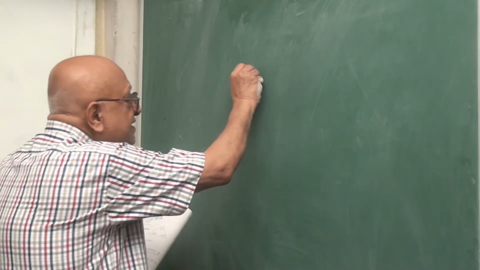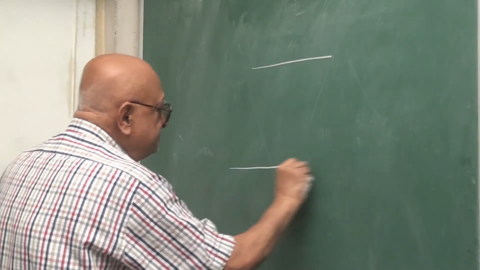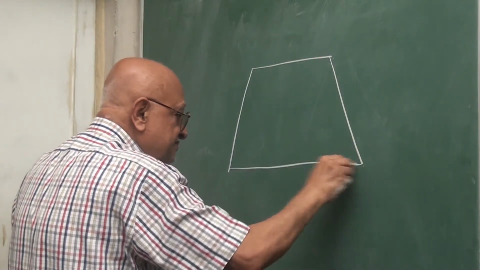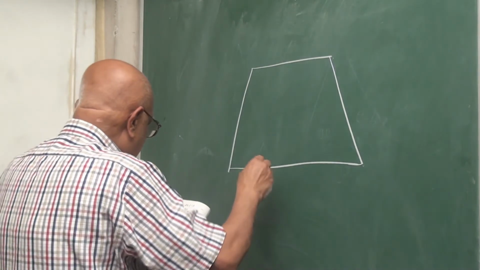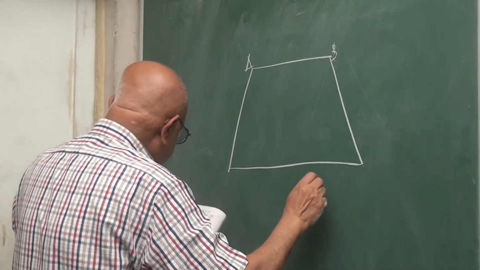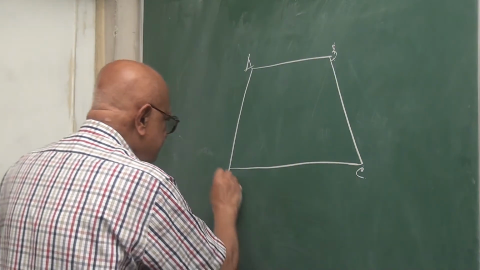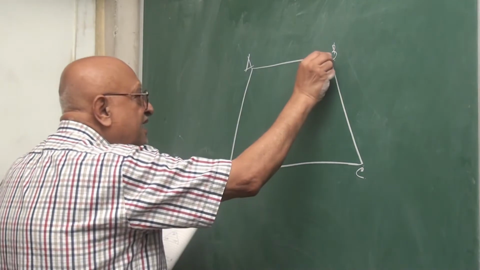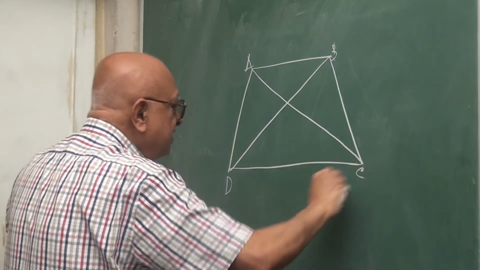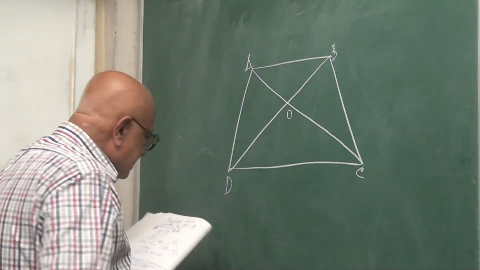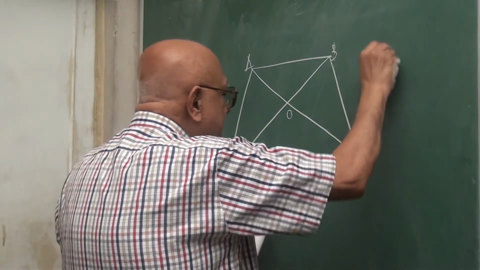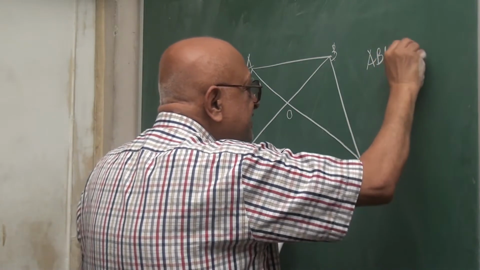Okay, let's take another trapezoid. This is A, B, and this is C, and this is D. These diagonals are joined, and they intersect at O. It is said that AB is parallel to CD.